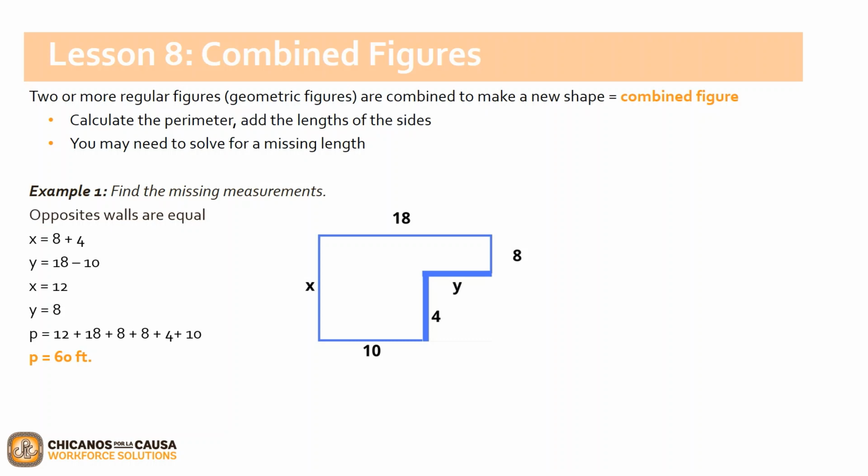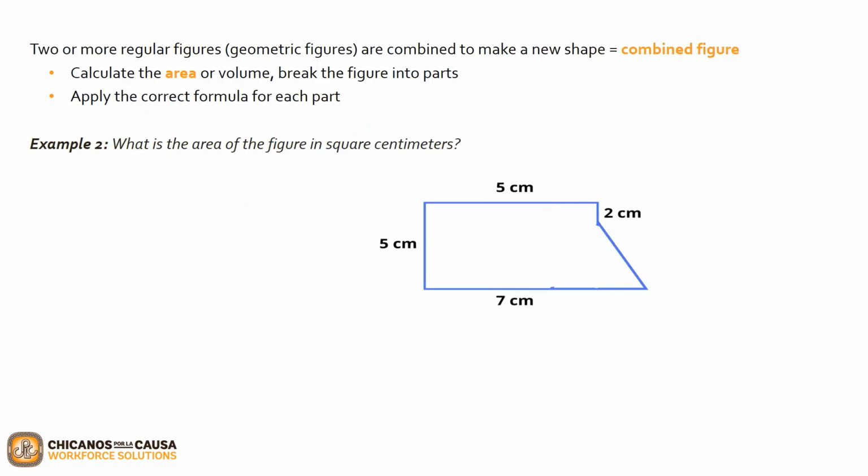So what happens when we have to calculate the area or a volume? Well, it gets a little tricky, but let's focus on calculating the area first. In order to calculate the area of a combined figure, we have to use several different formulas.